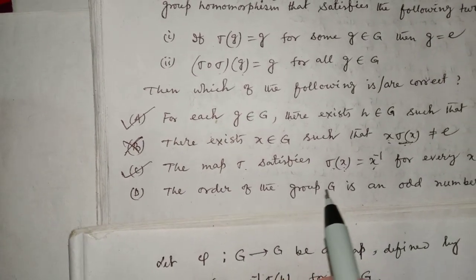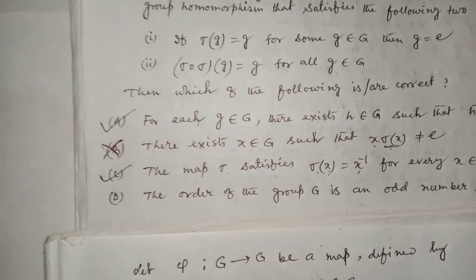For option D, the order of the group G is an odd number.